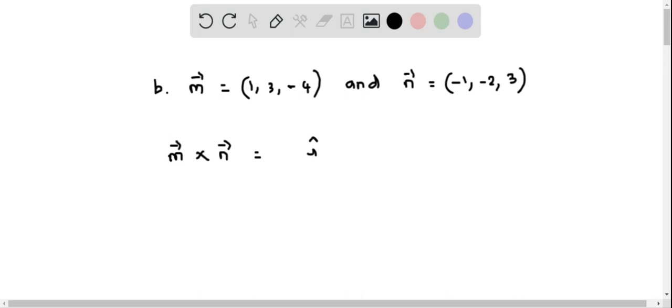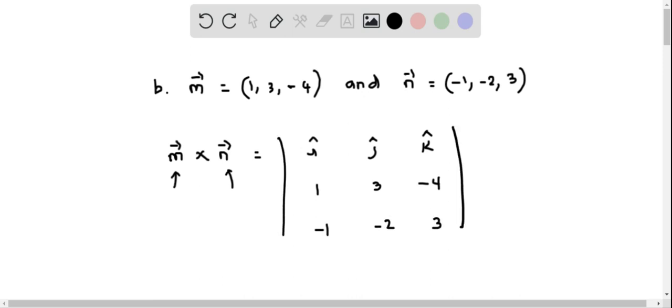In the first row we put i, j, and k. In the second row, we put the first vector, that is m vector. The components of m vector are 1, 3, -4. And in the third row, we put the components of the second vector in the cross product, which is n vector. So it is -1, -2, and 3.